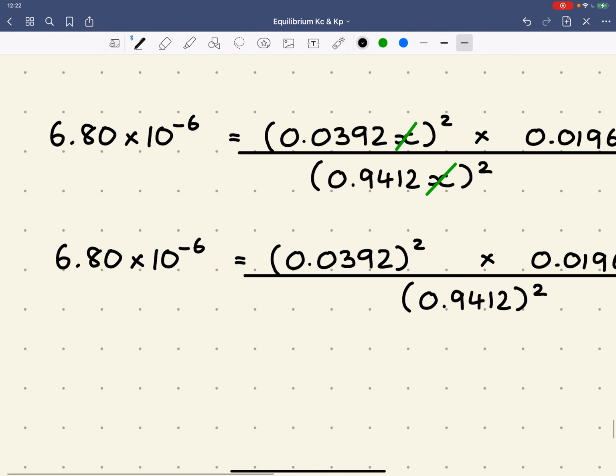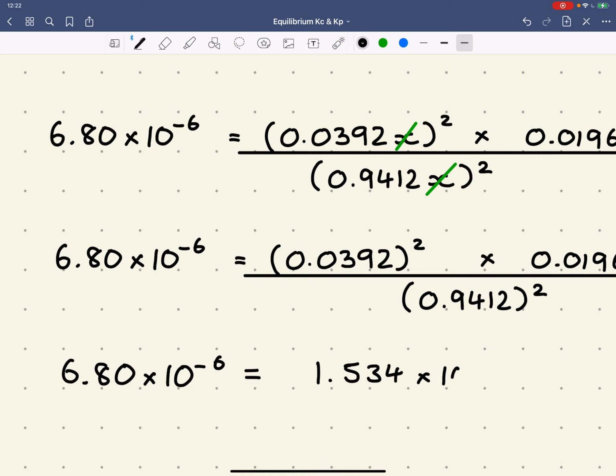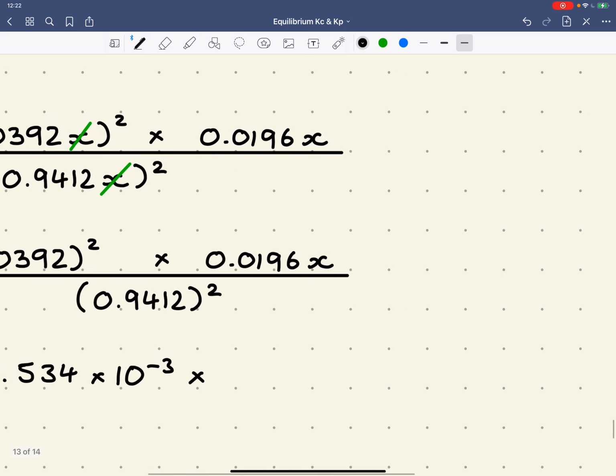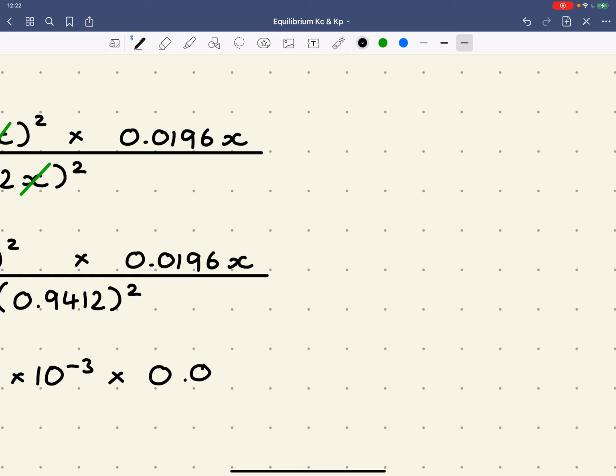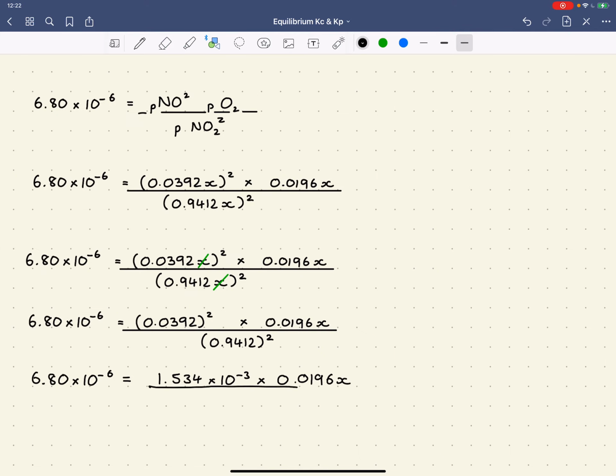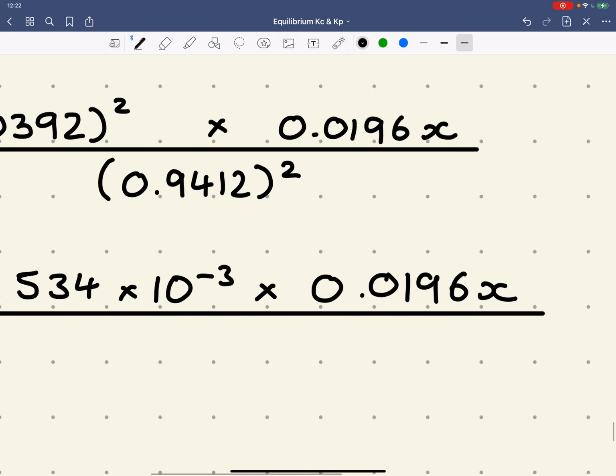So that would give you 6.80 times 10 to the minus 6 is equal to, when we do 0.0392 squared, you end up with 1.534 times 10 to the minus 3, times 0.0196x, divided by, and when you do 0.9412 squared, you get 0.8859.